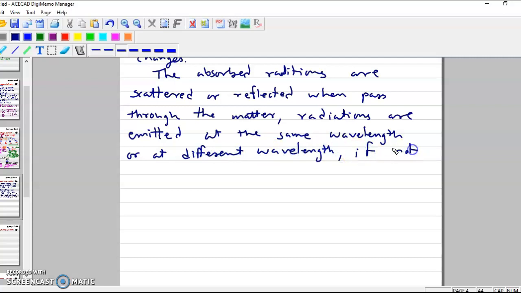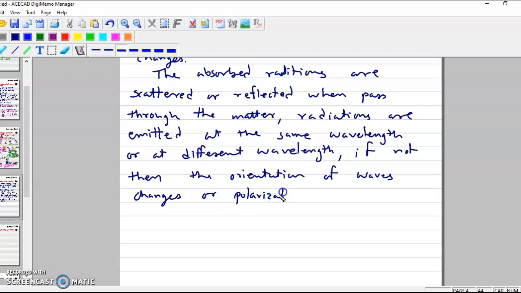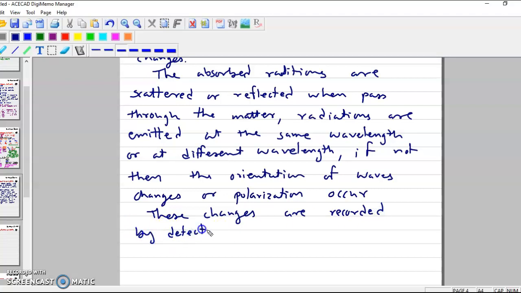If not, then the orientation of the waves changes, or polarization occurs, meaning some kind of effect appears in the molecule because of absorption of a certain amount of radiation, and these changes are recorded by a detector in the form of signals known as spectra.